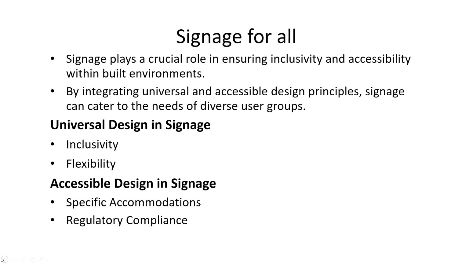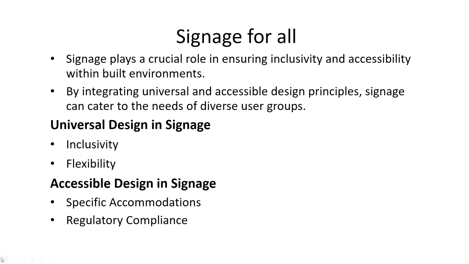Accessible signage focuses on meeting the needs of individuals with disabilities, ensuring they can access the information independently. This could include features like braille signages, tactile signages, tactile maps, audible cues for visually impaired individuals. This also complies with the regulatory requirements.